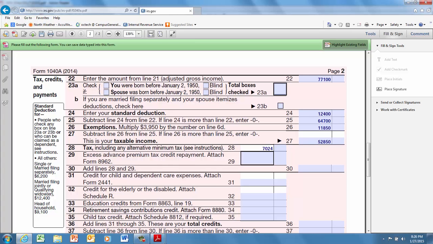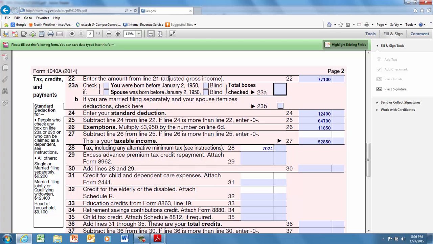$7,024. Line 29, excess advance premium tax credit repayment. What this is, if they would have gotten health insurance through the healthcare.gov marketplace or through their state marketplace, then they get a form 1095A, and it has some information on there, and it's possible that if the government gave them a bunch of money to help pay for their insurance and they gave them too much money, that they have to repay some of that extra money.